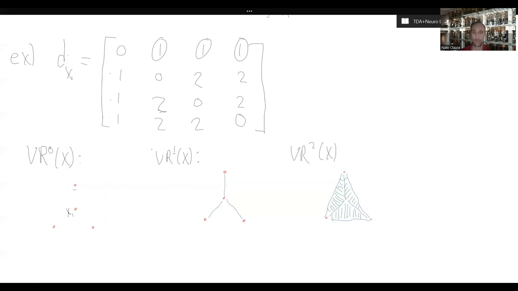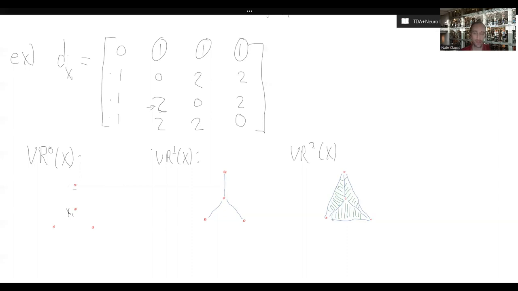And then lastly, the remaining edges, the remaining 1-simplices, get added at scale parameter 2. At scale parameter 2 we can see that the maximum diameter of any simplex in this metric space is going to be 2, because all pairwise distances in the metric space are bounded above by 2.